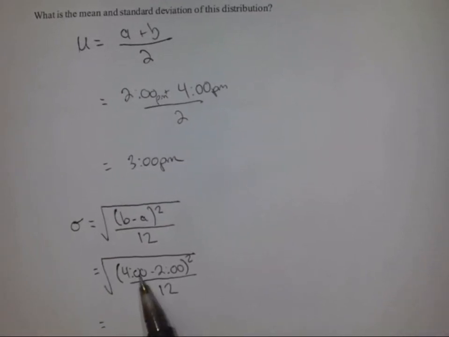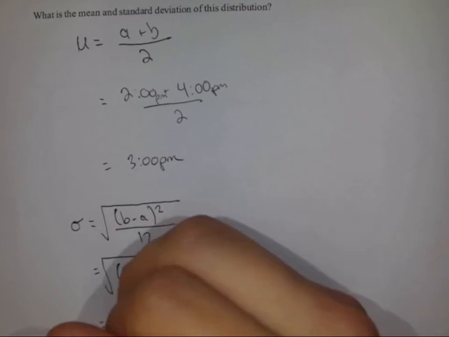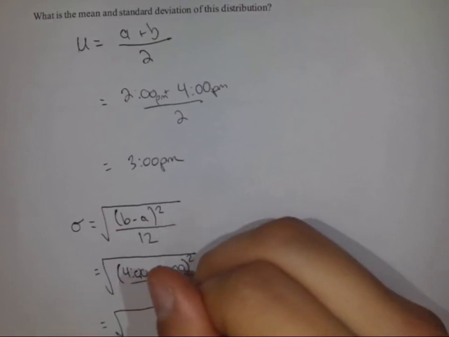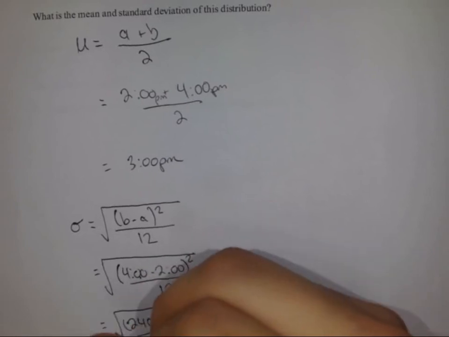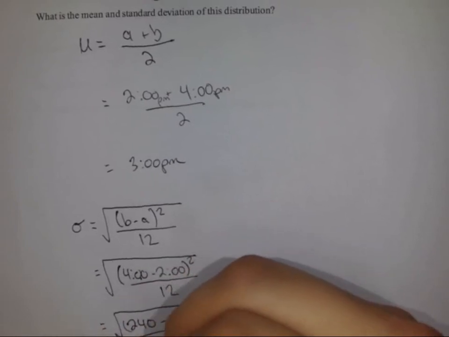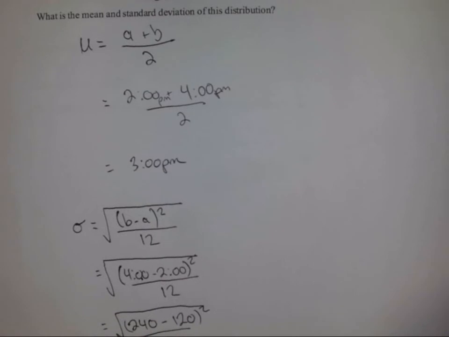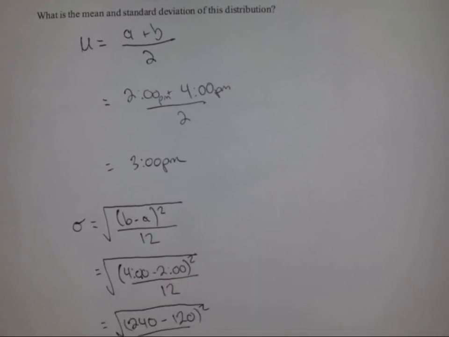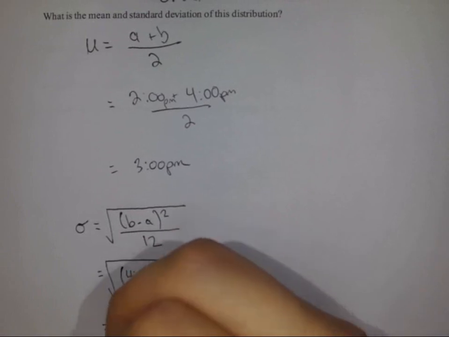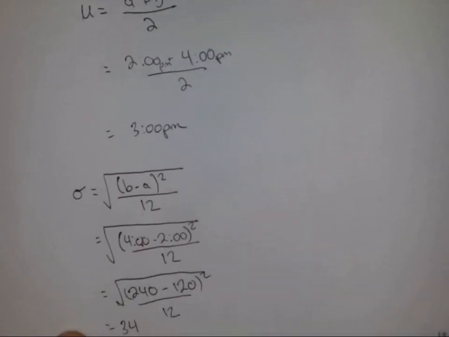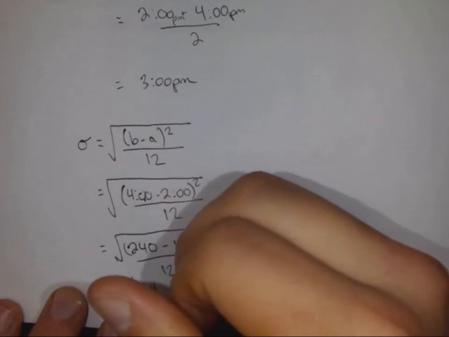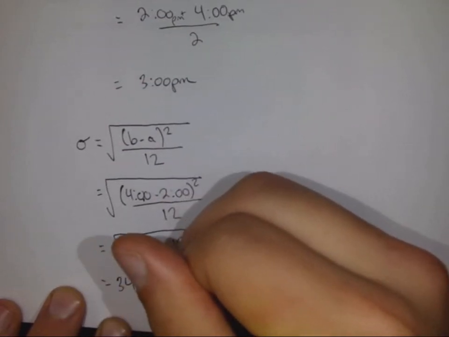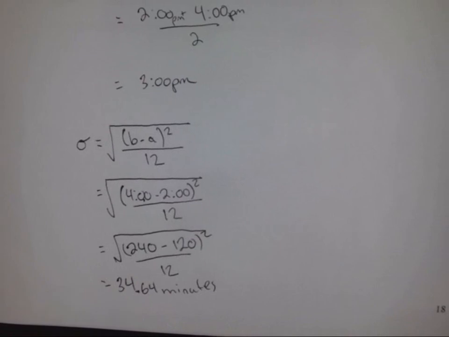If we convert these to minutes past noon, in order to complete this, 240 minutes minus 120 minutes, squared, divided by 12, and we would get 34.64 minutes as our standard deviation.